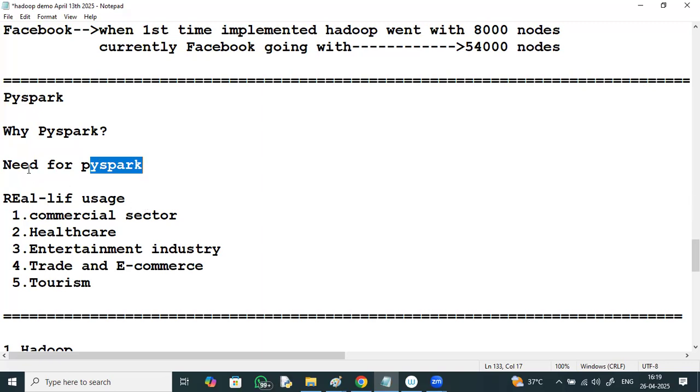And if you see the need for PySpark, today a large amount of data is getting generated. The data will contain hidden patterns, market trends, customer preferences, unknown correlations. It is necessary to extract useful information from that raw data. So we require some efficient tool for performing these kinds of operations on this huge data.